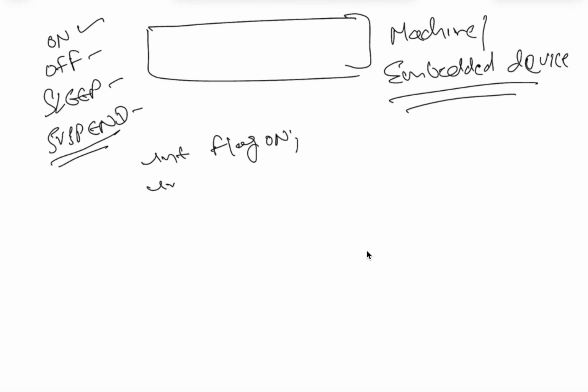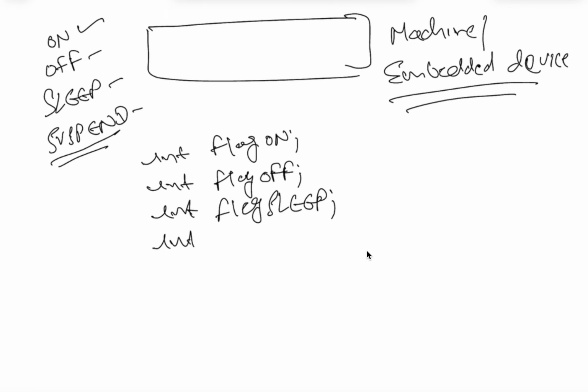Another variable, flag off, tells whether your machine is off or not. The next variable, flag sleep, checks whether your machine is in the sleep state or not. Another variable is used for suspend, to tell whether your machine is in the suspend state or not.